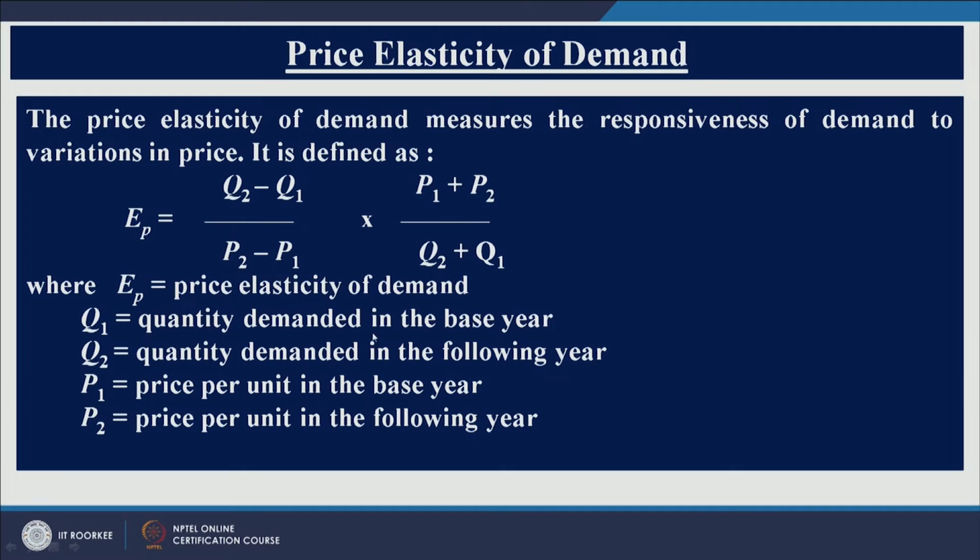So, EP is price elasticity of demand, Q1 is quantity demanded in the base year, Q2 quantity demanded in the following year, right. So, this is quantity demanded before price change, quantity demanded after price change, right. P1 is the price of a product initially, right. P2 is your changed price, right.